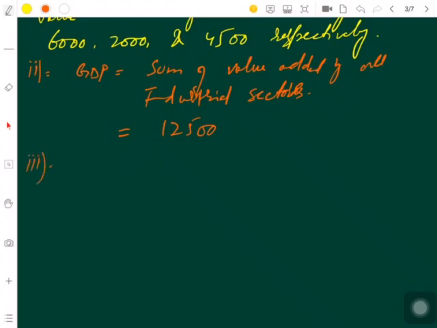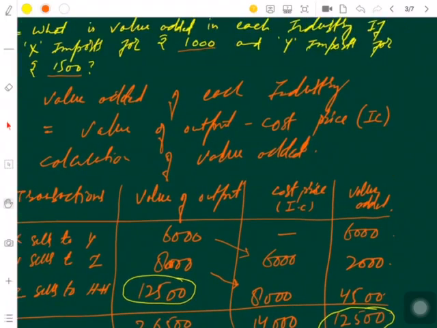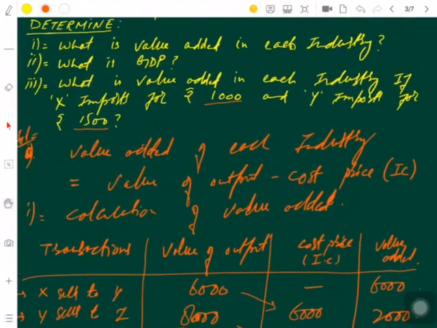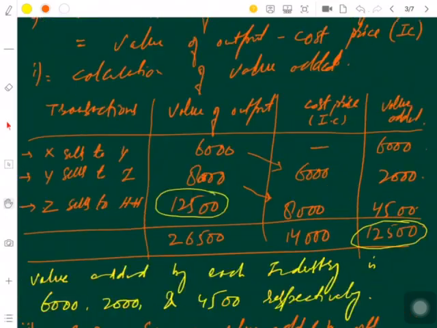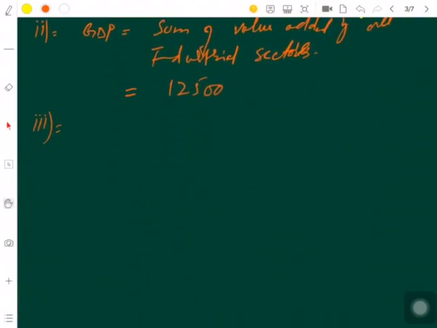Third step, what we have to do from the question is look into what is the value added in each industry if X imports for rupees 1,000 and Y imports for rupees 1,500. So here you must keep a few things in mind before you do it.